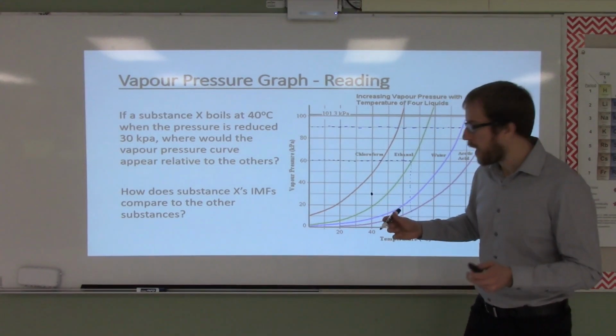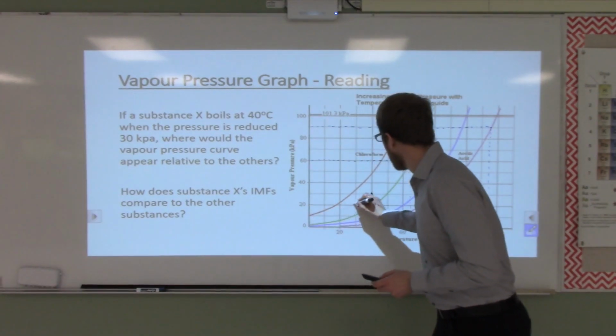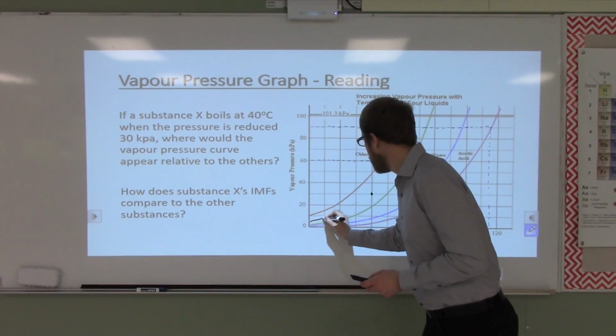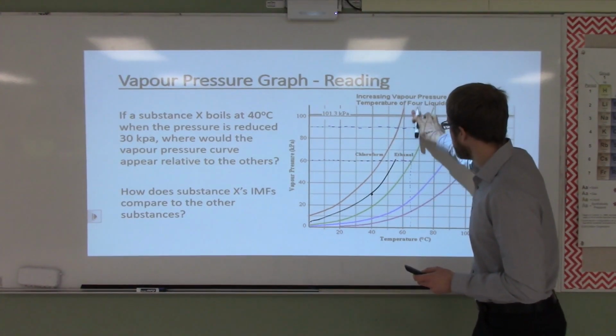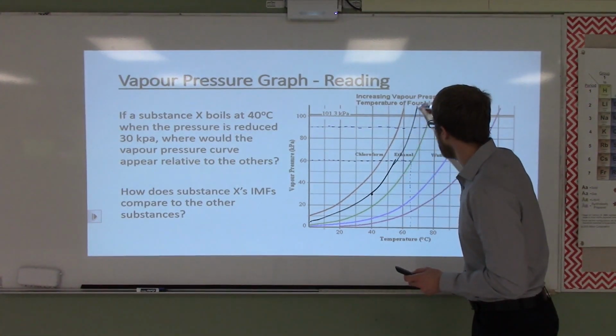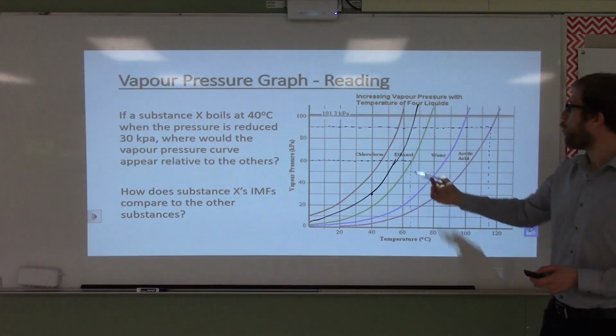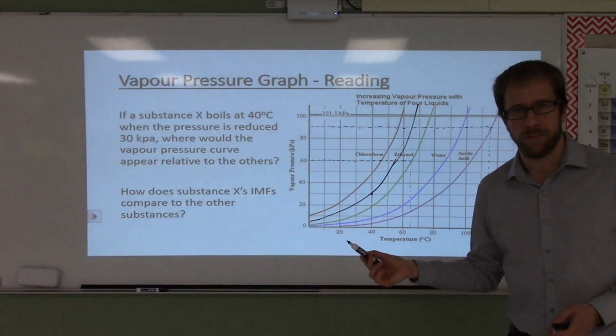So where does it lie? Well, it's going to lie somewhere between, well, it's a pretty poorly drawn line, but you get the idea. It's going to lie somewhere between chloroform and ethanol.